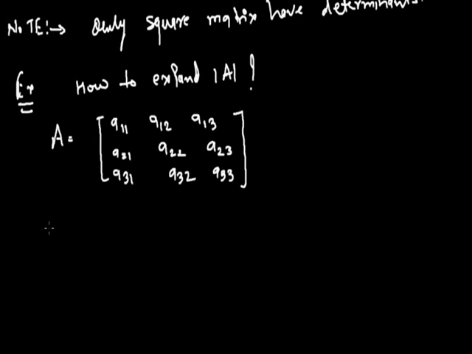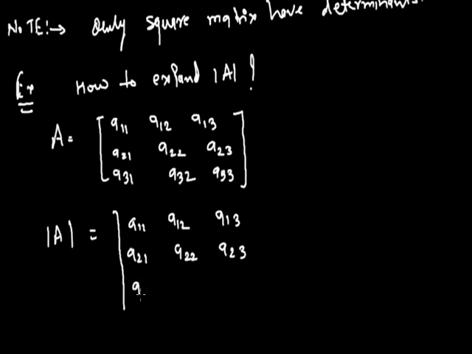First of all, this matrix is written in determinant form. Now we can expand the determinant along any row or any column.